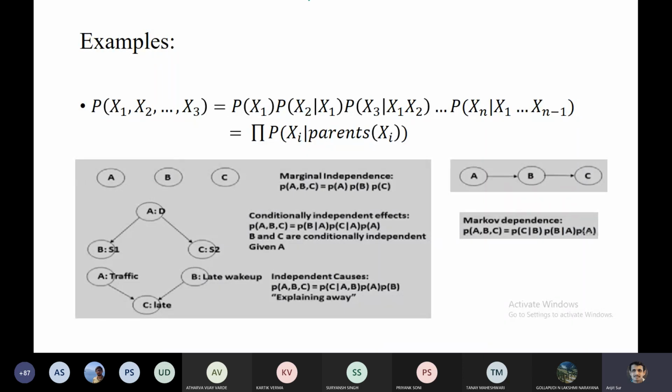That means P of A, B, C, if they're independent, equals P of A times P of B times P of C. It is a naive construct.